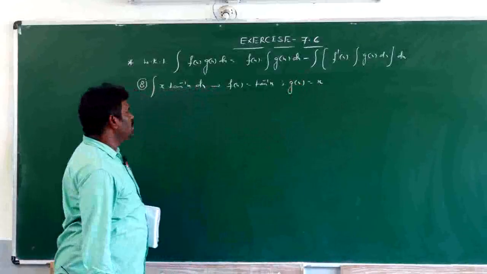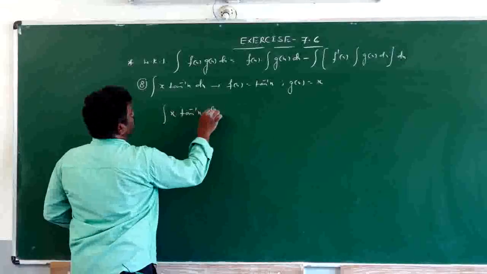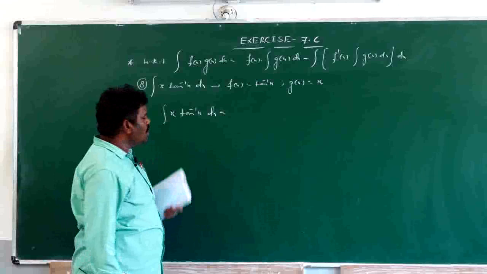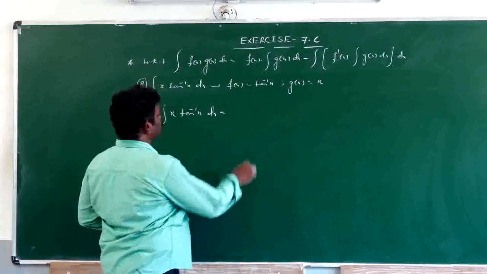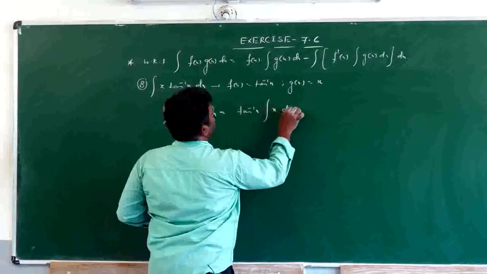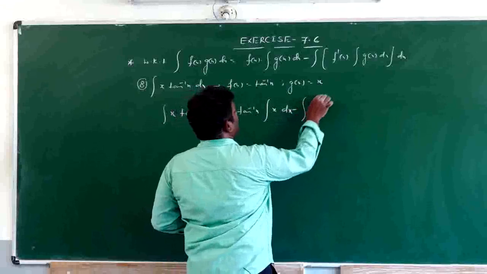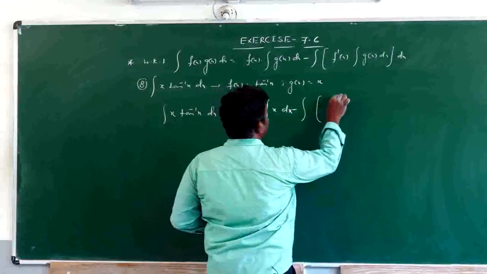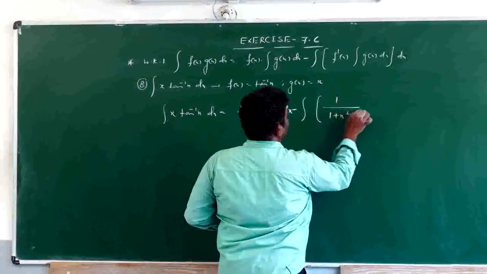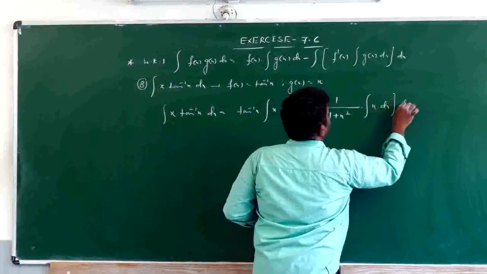Now see what we have done: integral x into tan inverse x dx is equal to first function f of x, tan inverse x, times the integral of x dx, minus the integral of the derivative of tan inverse x, which is 1 by 1 plus x square, times the integral of x dx, whole dx.